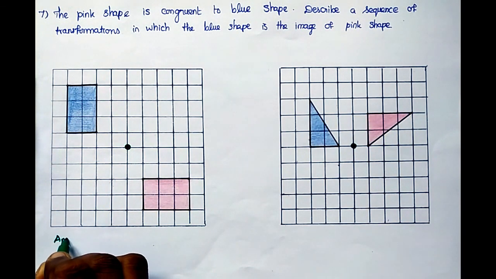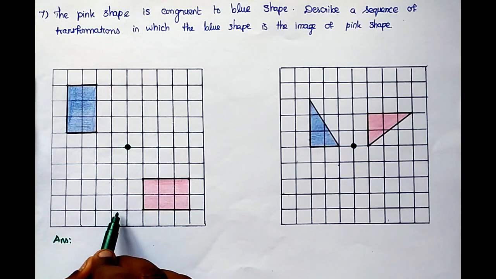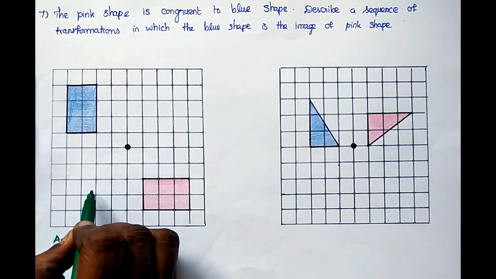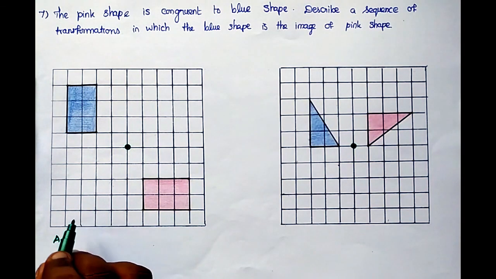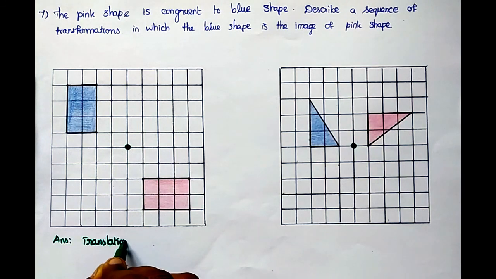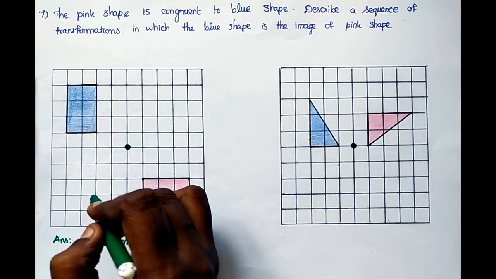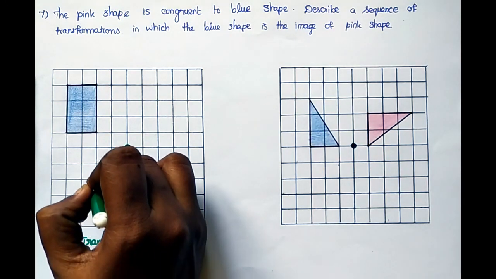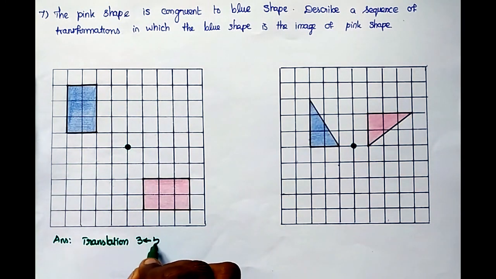Listen, first one answer. 1, 2, 3. Left side. So translation, 3 moves left side, and from that 1, 2, 3, 4, 5, 5 moves upward.